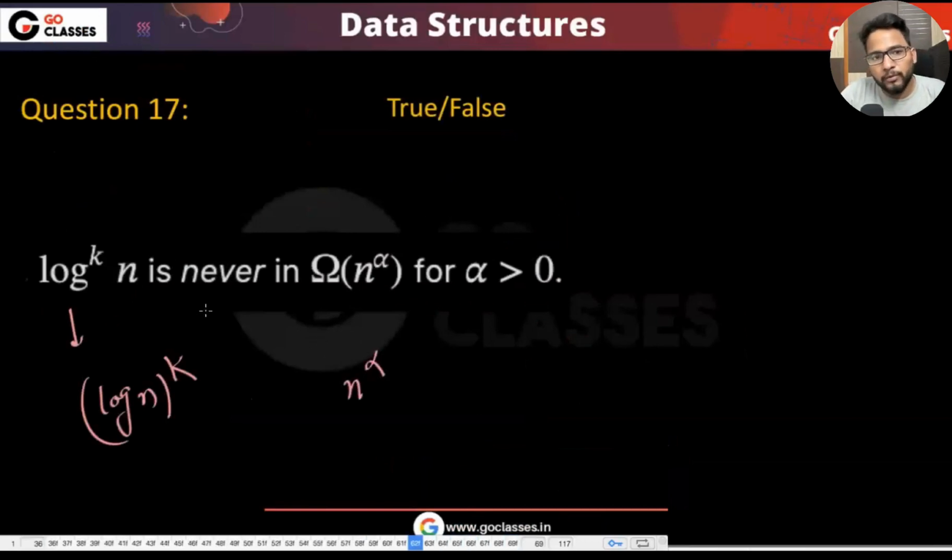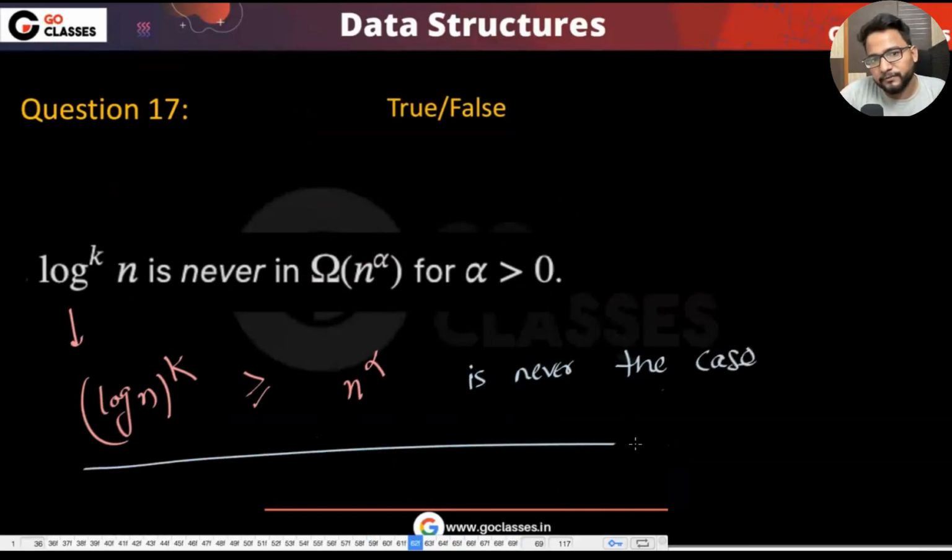Now they are saying log n power k is never in this. What does this mean? If I'm writing fn equal to big omega, which means it is greater than equal to, right? So they are saying log n power k is never greater than equal to. This is never true. Is never the case.